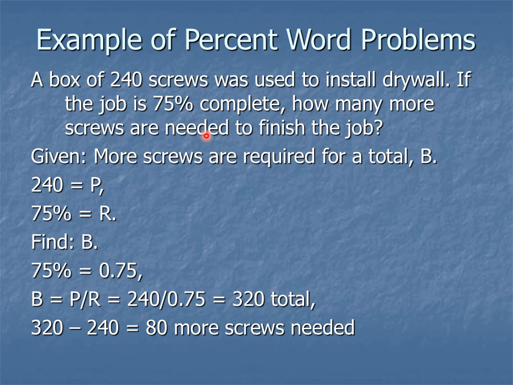They want to know how many more screws you need. You already used up 240, right? So just subtract 240 from 320. The rest is 80. So you need 80 more screws, and that's the answer. Any question?